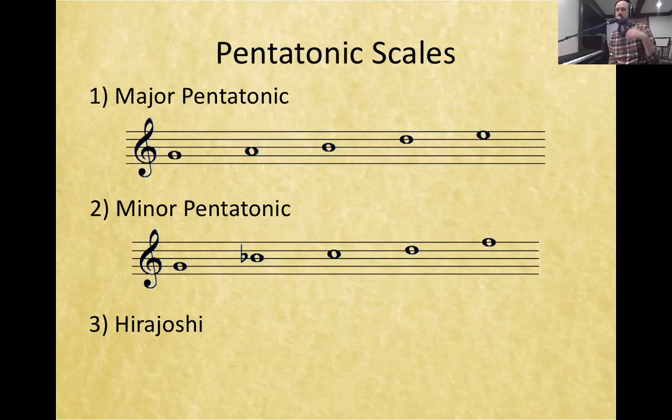And it just shows that the major and minor pentatonic scales retain that sense of ambiguity that we loved about the modes, and they also retain that sense of tonal weakness that we loved about the modes, because if I want to be in G major pentatonic, it's really easy to go minor.